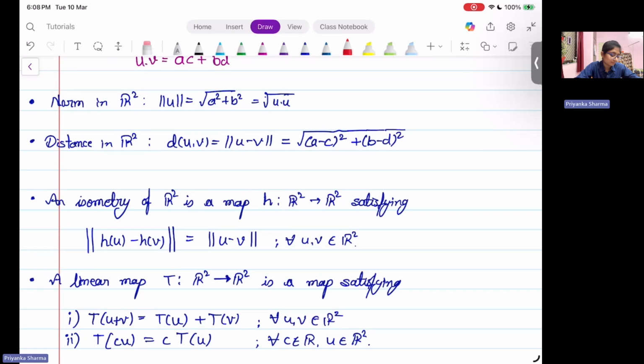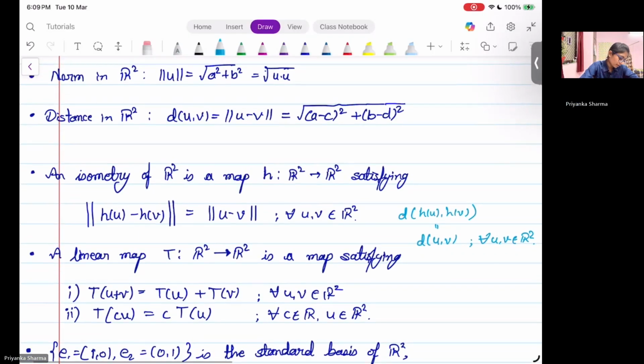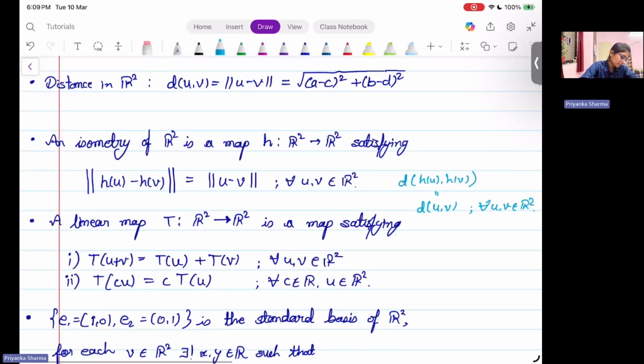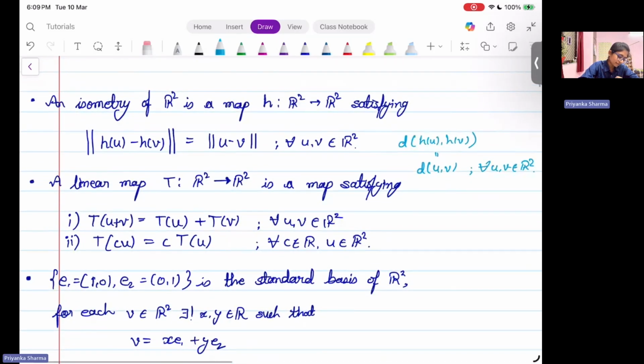We can equivalently say that the distance between hu and hv is the same as the distance between u and v for all u and v belonging to R square. If the map h satisfies this condition, then we say that it is an isometry of R square.